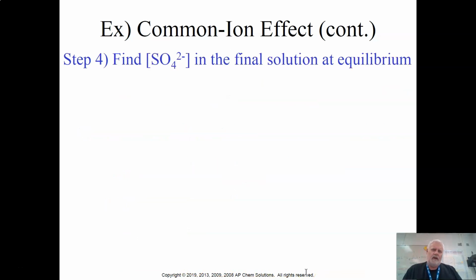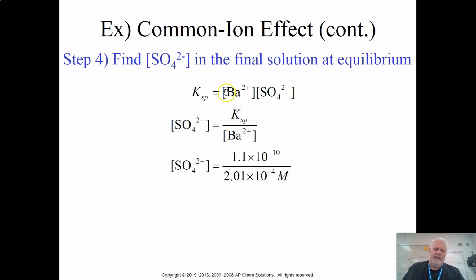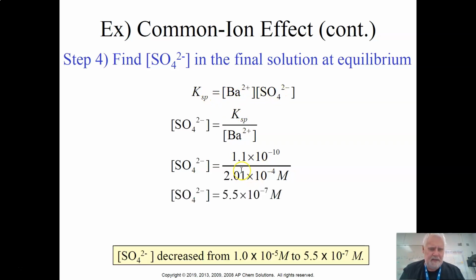Now, step 4, find the sulfate in the final concentration at equilibrium. So in your chemical reaction, as you added barium, it'll be shifting to the left. So you can figure out that concentration by, we did the barium, we know what the KSP is, you just rearrange that guy, and then you can get the 5.5.